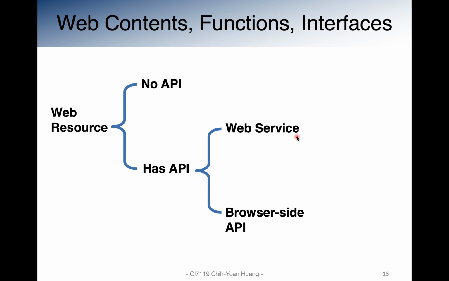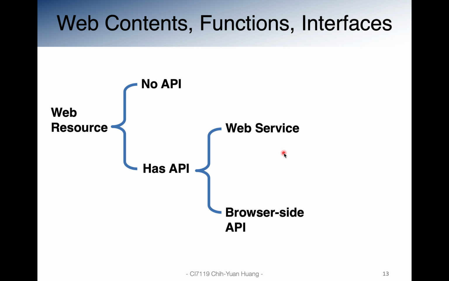So this is a type of API that we have mentioned before. Then you can design your application or your client according to the web service API to understand how to communicate with the web service, how to send a request, and when you receive a response, how to parse the information out of the response.